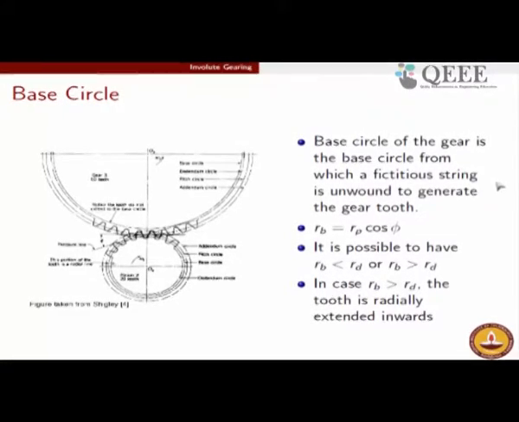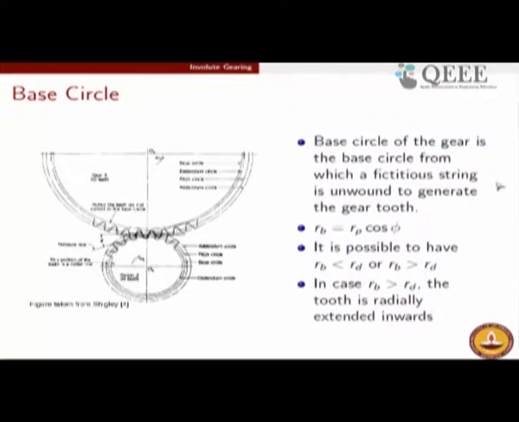So, in case it happens that the dedendum circle is below the base circle, that means there is some portion that is precisely between the base circle and the dedendum circle, there is a portion of the tooth profile which is technically not an involute. It cannot be an involute because involute cannot be present in the portion which is below the base circle, right.